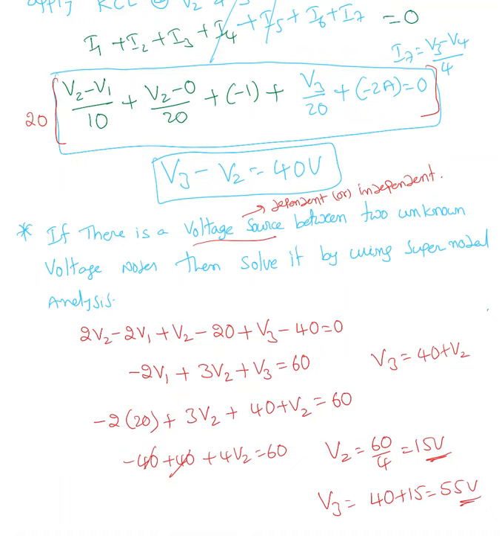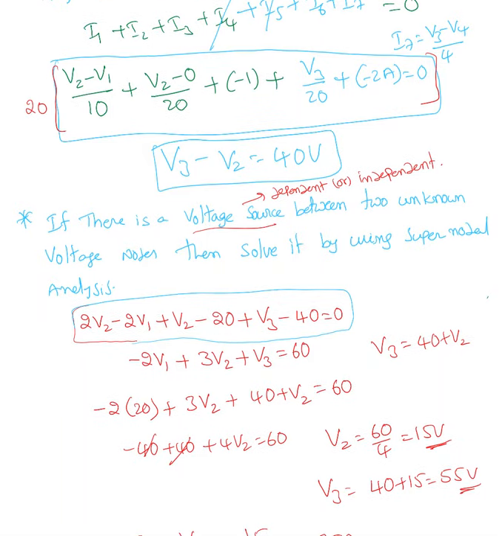Here, to simplify this equation, I'm going to multiply it by 20. When I multiply that by 20, I end up with 2V2 minus 2V1 plus V2 minus 20 plus V3 minus 40 equals 0.